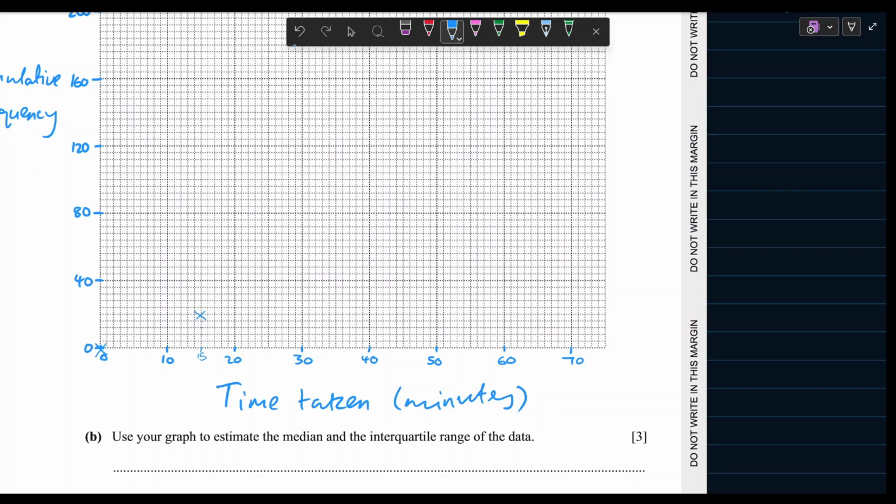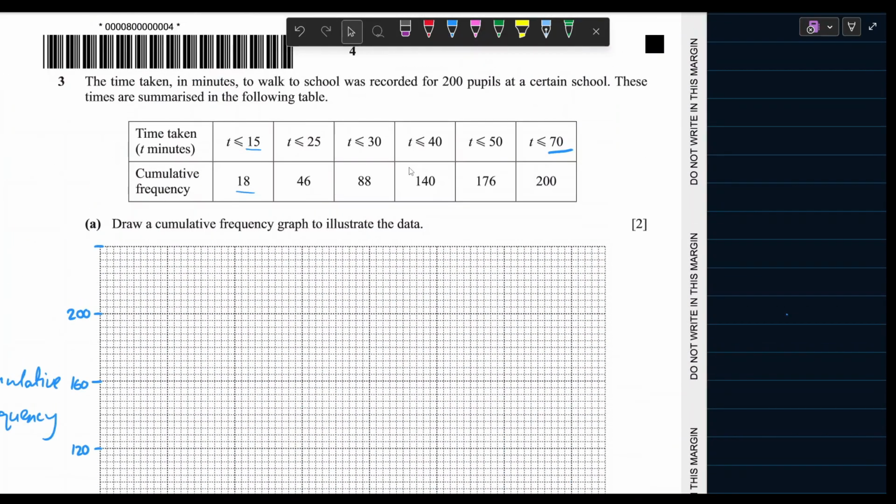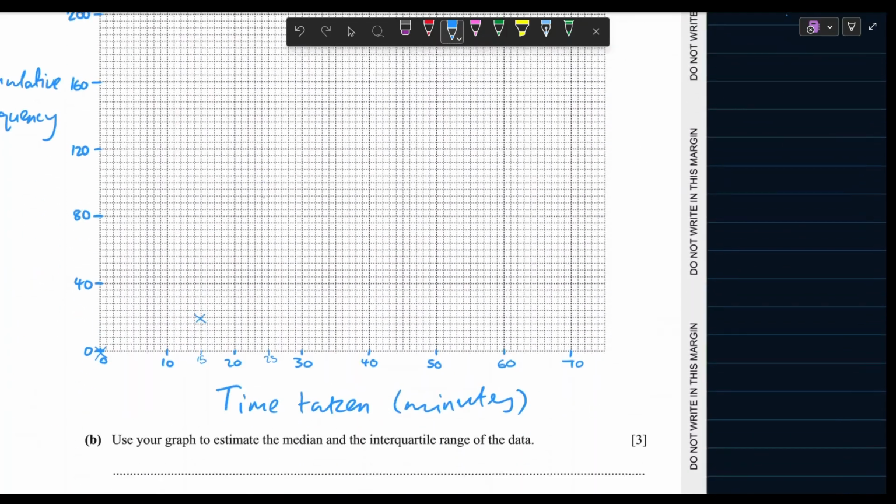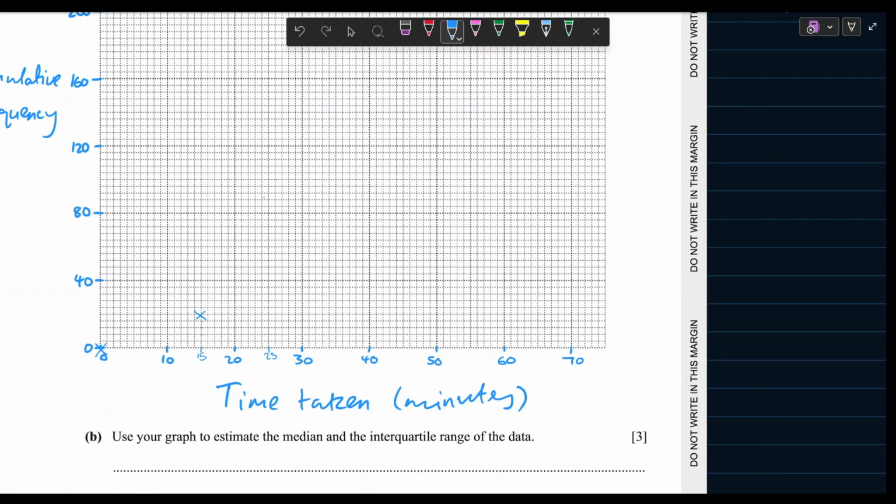I think somewhere there would be our 18. And then we've got 25 on time and 46 on cumulative. 25 on time is bang in the middle here. We want 46 on cumulative. So we start here, that's 40, and this is 44. So 46 is going to be somewhere there.